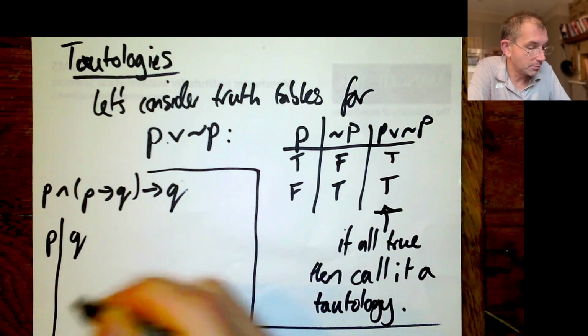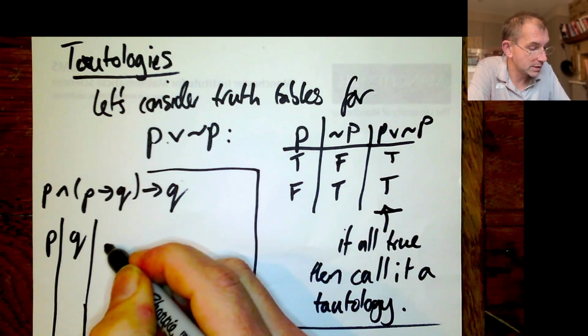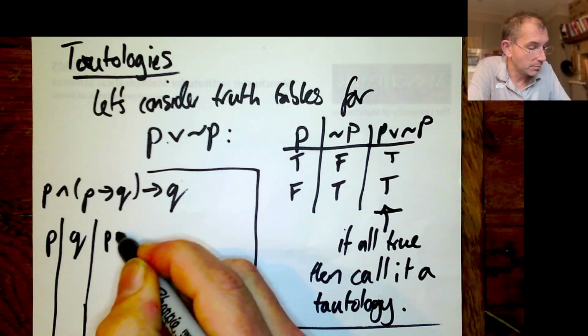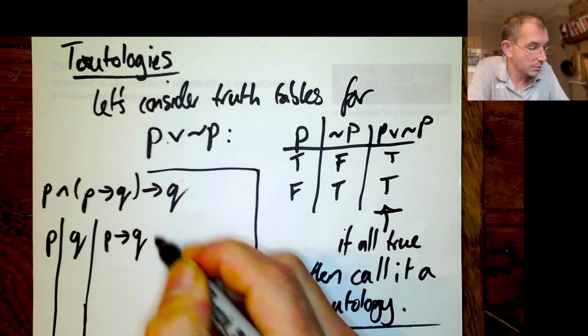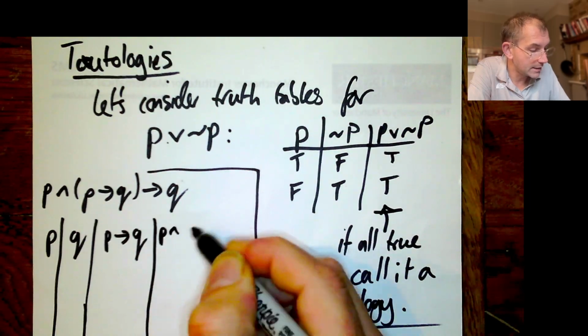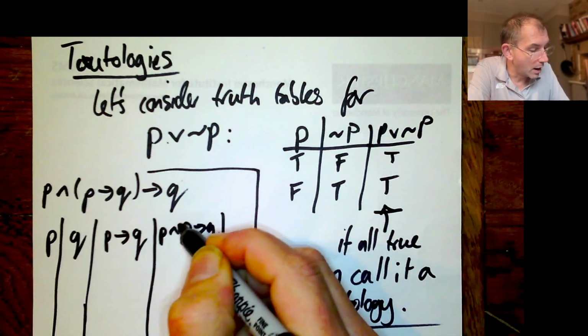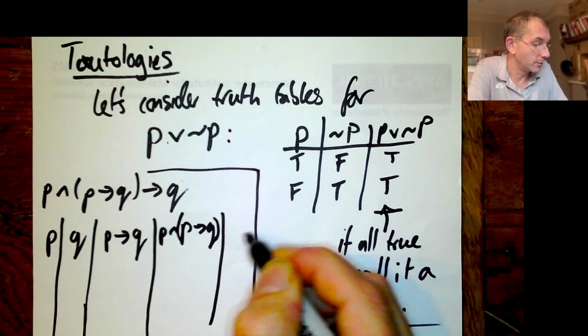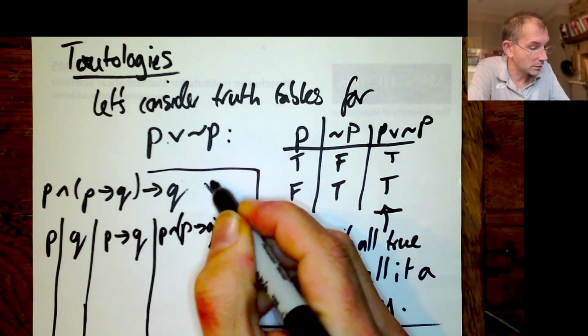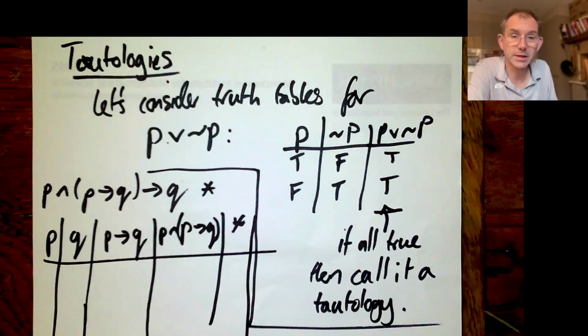So I'm going to do P, Q. There'll be four possibilities. I'll do P implies Q. I'll do P and P implies Q. And then I'll do the final thing, so that'll be star, and that'll go in the final column. So let's build this up.